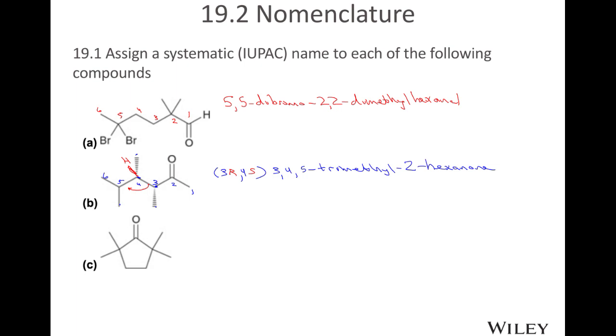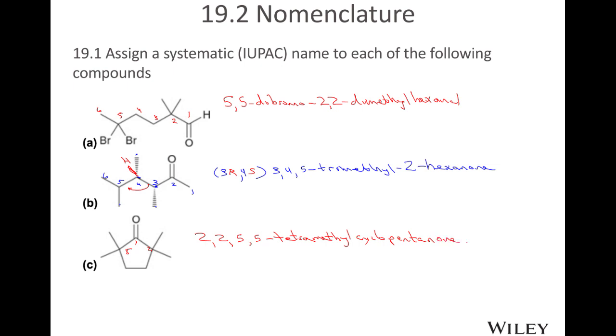The next one is the 5-membered ring, which would be cyclopentane. So this becomes a cyclopentanone. I have 4 methyl groups, so I have 1, 2, 3, 4, 5. So I have 2,2,5,5-tetramethylcyclopentanone.